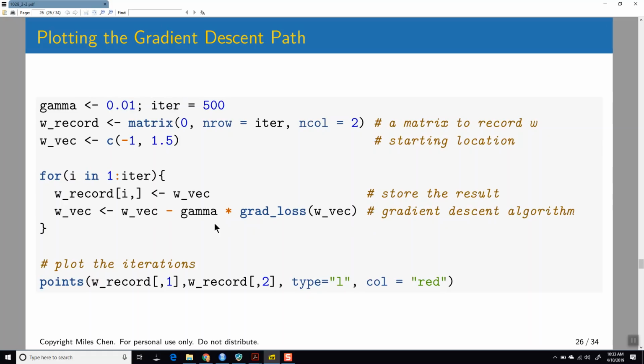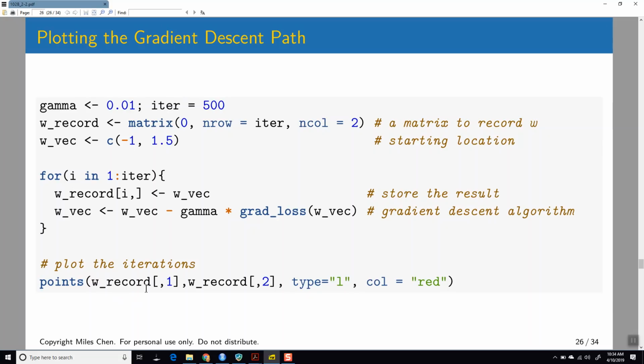Take your current location, subtract off gamma times the gradient. Okay, so remember we've written a function to calculate the gradient at our current values of the W vector, and then we update our location, our W vector accordingly. Okay. Next iteration we'll store that, and then we update our location, and we just iterate through the entire thing.